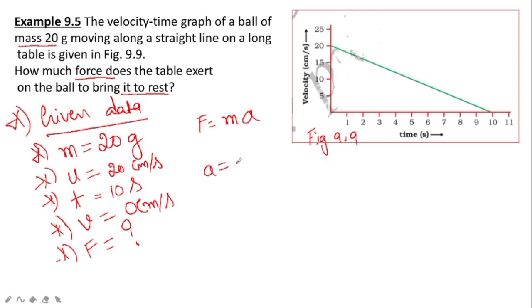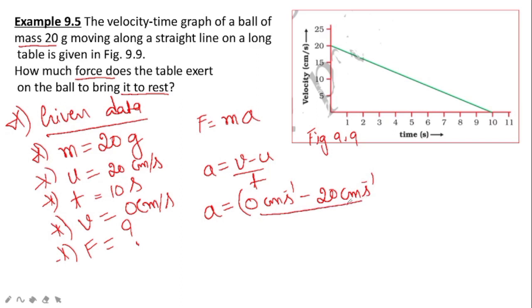So A equal to V minus U by T. Now A equal to, what is V? So V will be 0 centimeter per second minus, what is U? So U is 20 centimeter per second, divided by time taken, which will be 10 seconds.